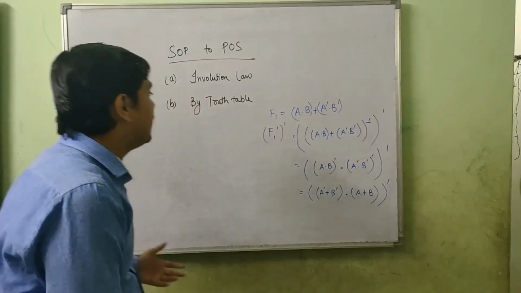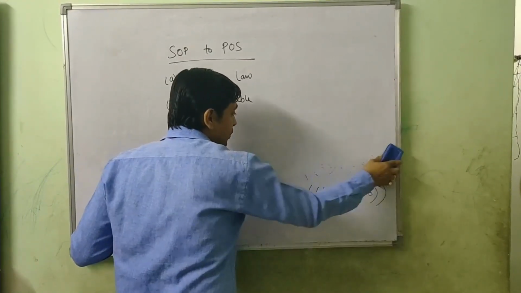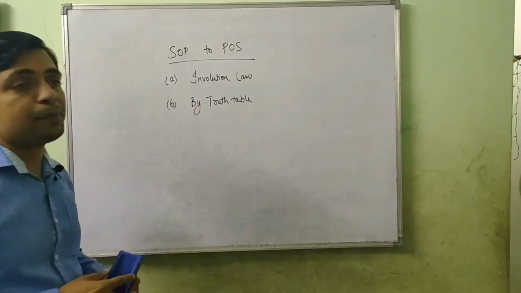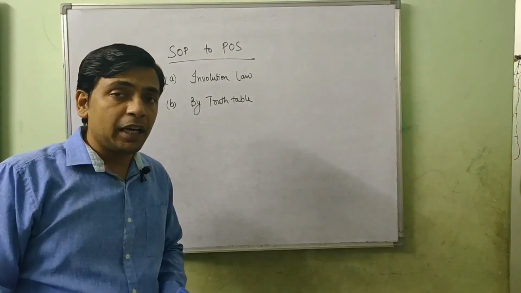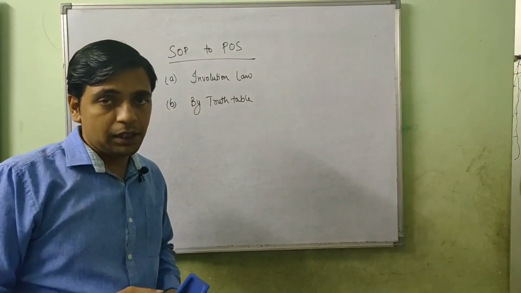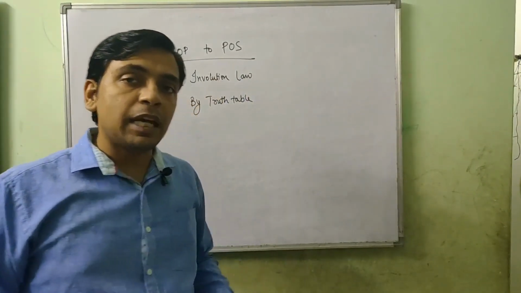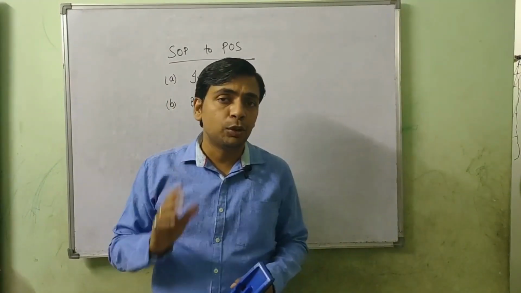In the beginning I told you an SOP is nothing but a sum of product of min terms, right? So in the truth table we will represent those min terms. In the output part, min terms are represented by 1 and max terms are represented by 0.